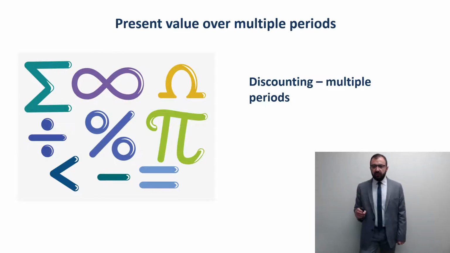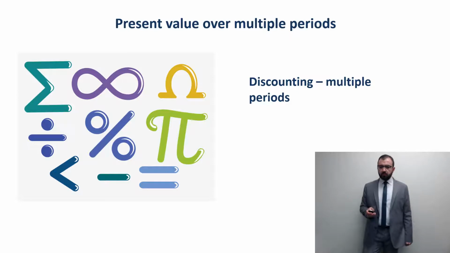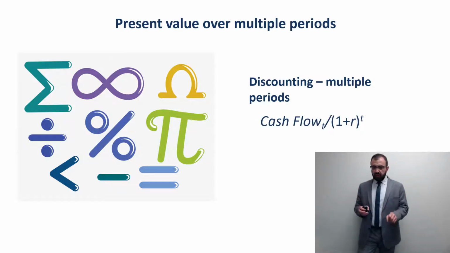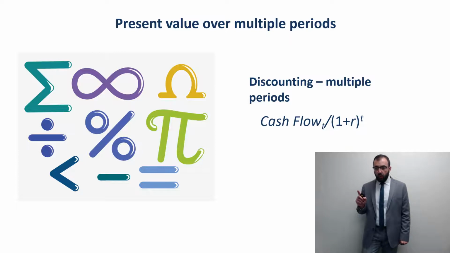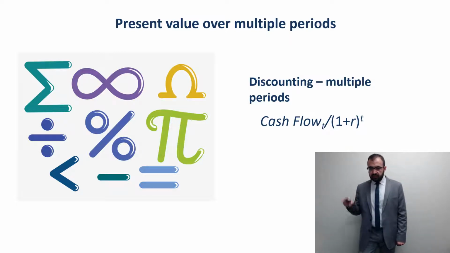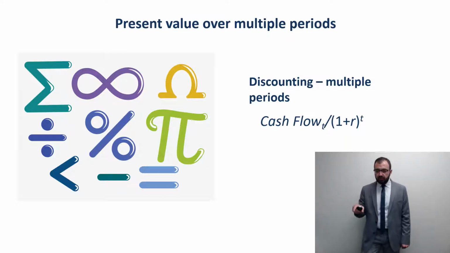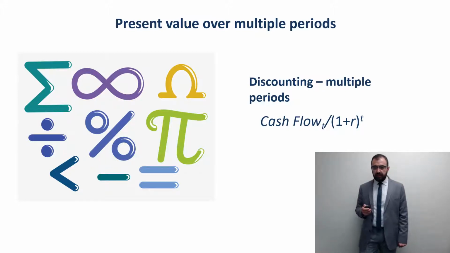We can simply modify the original equation to handle more years. So to discount cash flows, we divide the cash flow by 1 plus the discount rate expressed as a percentage, raised to the number of years in the future that the cash flow will be received.